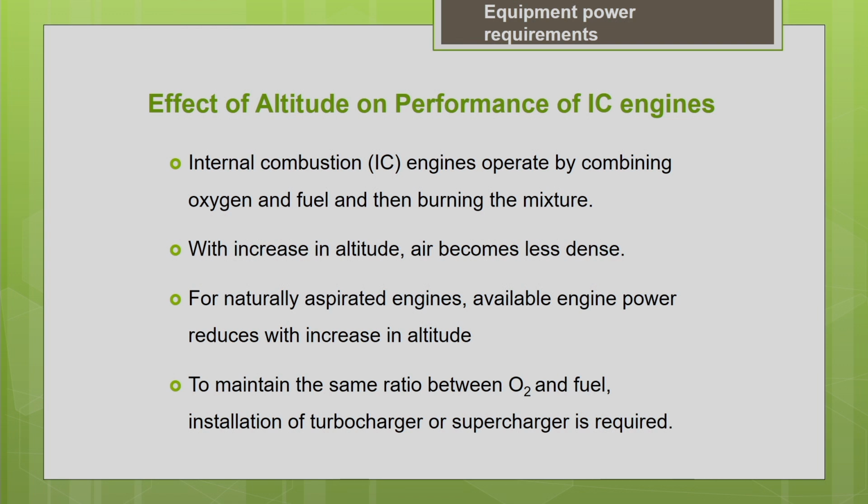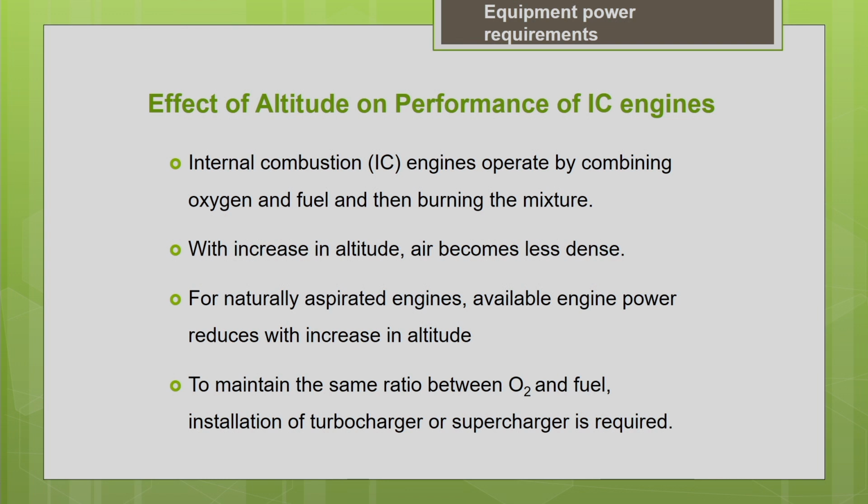As the altitude increases, if your project site is located at a higher altitude, the atmospheric pressure will be lower and the density of air will be less. If you are not able to maintain the fuel to air ratio, then the combustion process won't be efficient. In that case, if the altitude of your project site is going to be higher, the efficiency of the machine will be affected. So you have to take into account how much the efficiency is going to be affected.